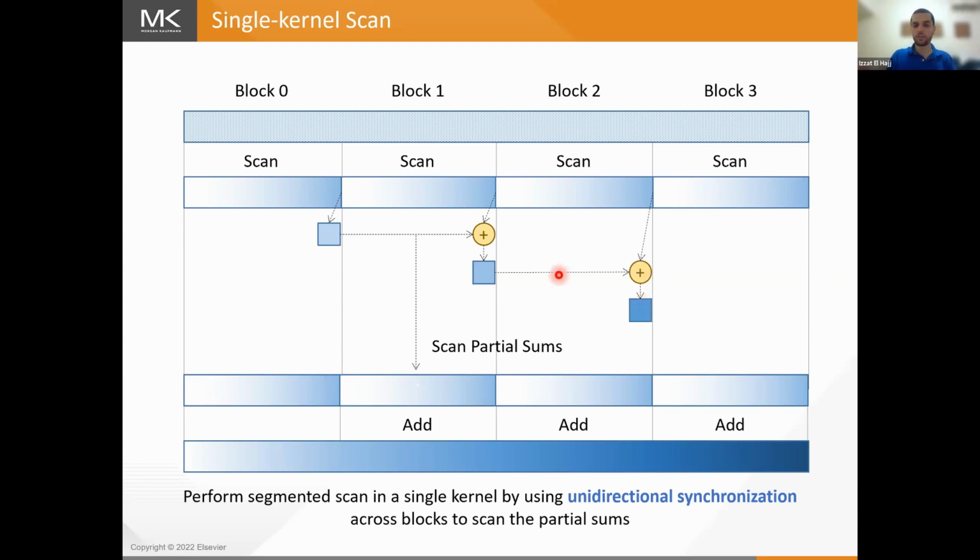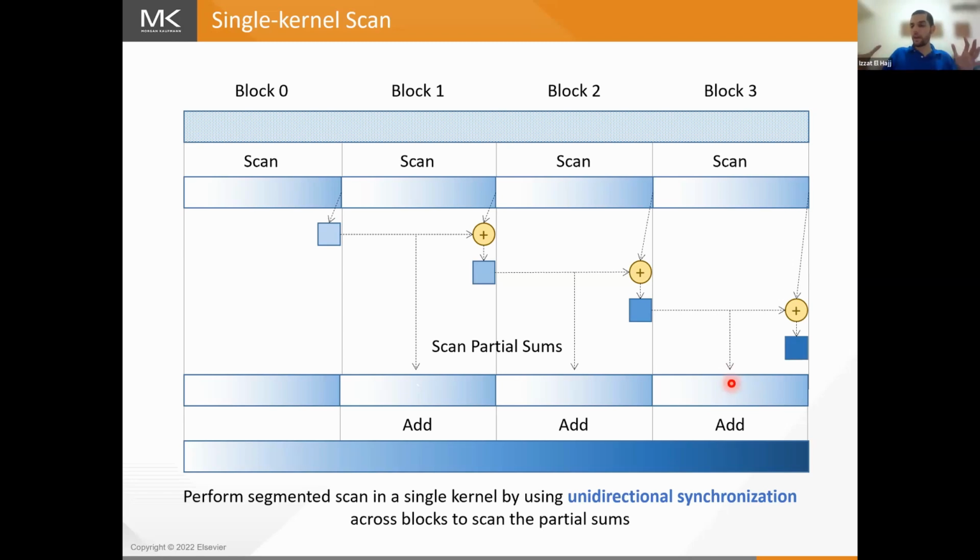It can also then go ahead and add the partial sum of the previous two thread blocks to its own values. And then we can do the same thing over here. This thread block can wait for the previous partial sum, and when it's ready, it can add it to have the final partial sum, and also go ahead and add this partial sum to its own values.